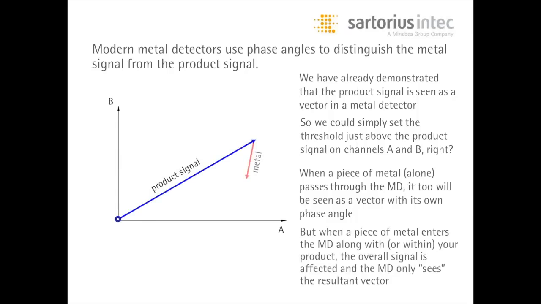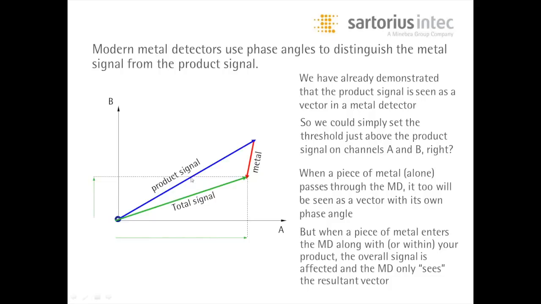But when you pass a piece of metal through with the same product that you ran before, you get a completely different signal. The metal detector will not see the product signal plus the metal signal. All it sees at this point is the total signal, which is this green signal here.